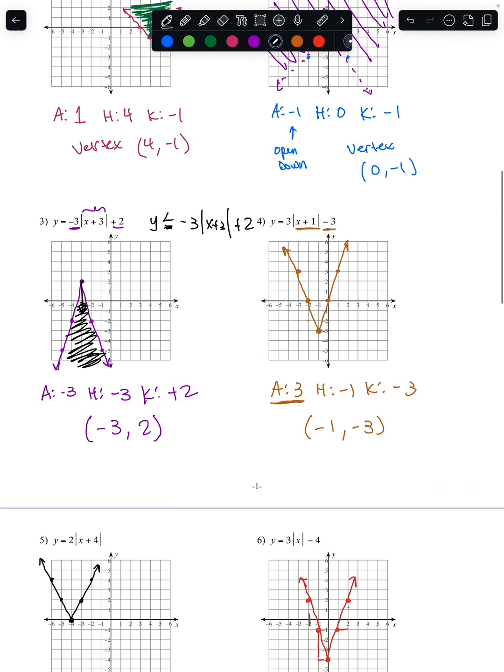Okay, now what happens if on this one it said y is less than 3 absolute value x plus 1 absolute value minus 3. Again, my dots, my points don't change. Just my type of line does. Because there's no equal to sign, it becomes dotted.